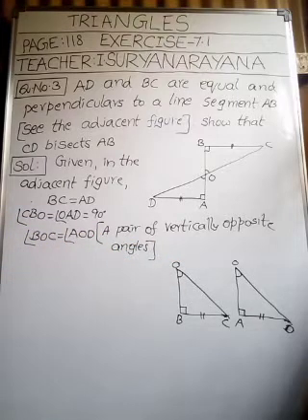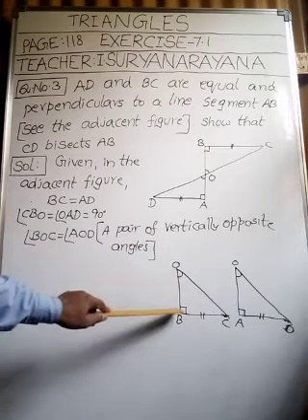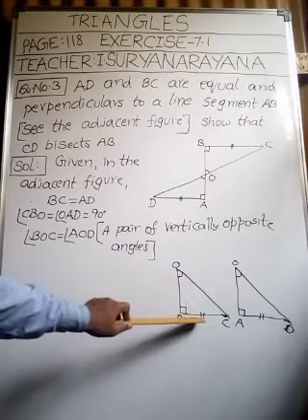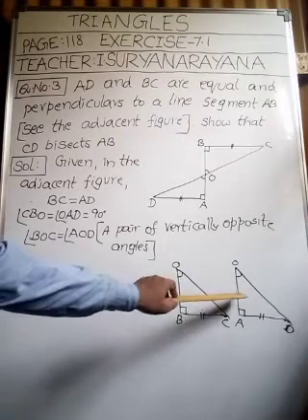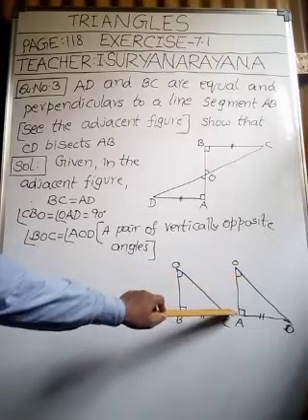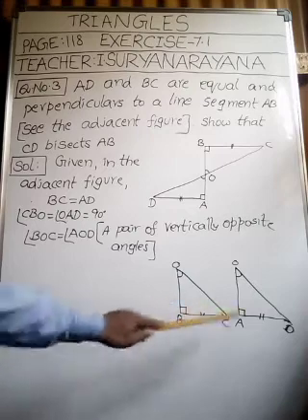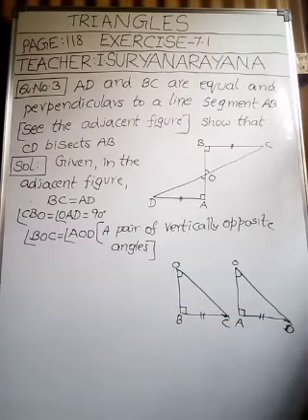So if you observe these two triangles, which parts are compared here? These two angles and one side. Two angles and one side in this triangle are equal to the corresponding two angles and the side in the second triangle. The corresponding parts are equal, isn't it or not, my dear children?